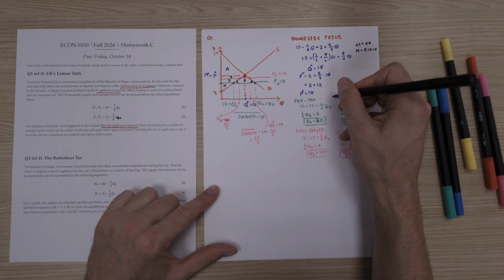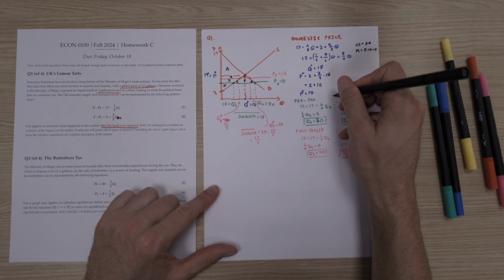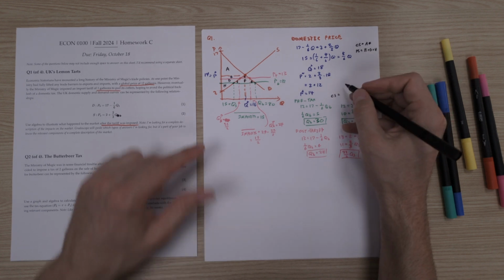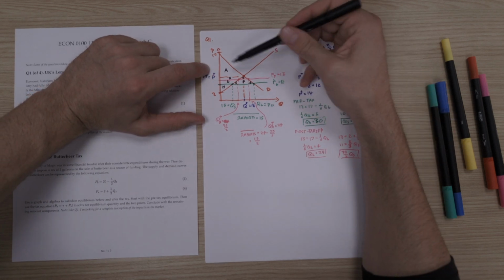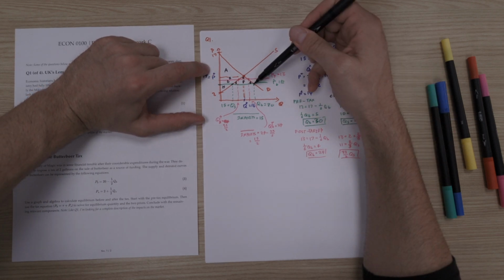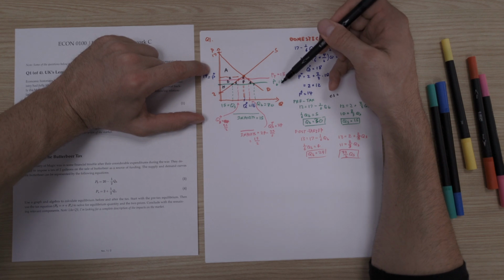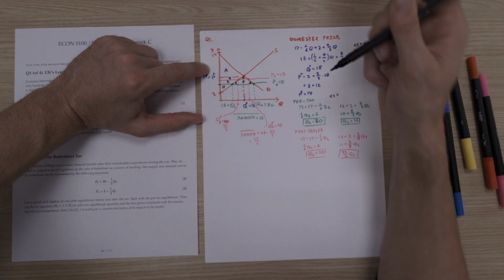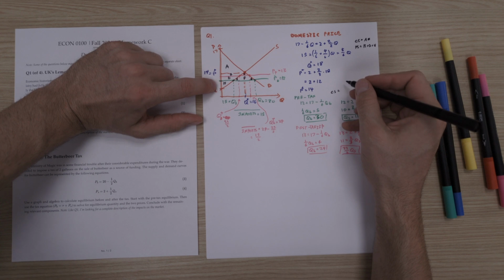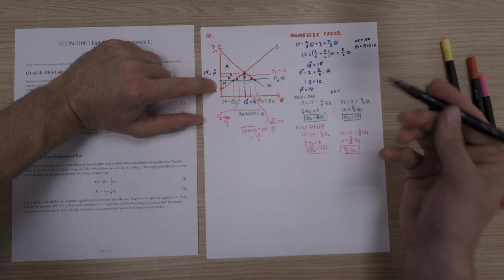before we impose the tax, our consumer surplus is everything below the demand curve, above the price that we're paying, which once we've opened the domestic market to international trade is this 12, and then inside the quantity that's bought.